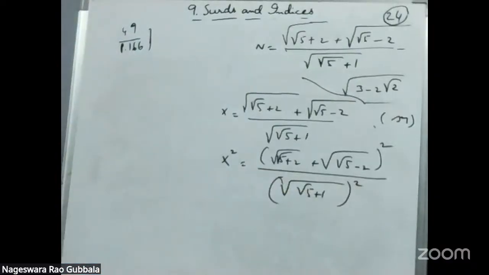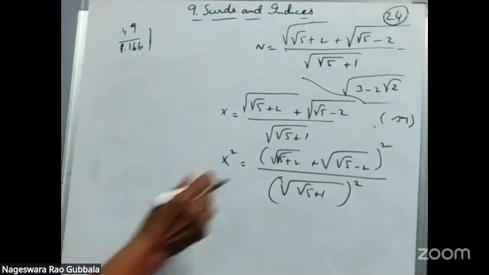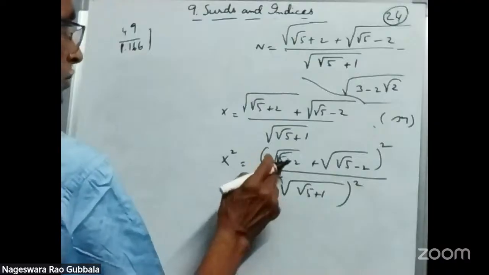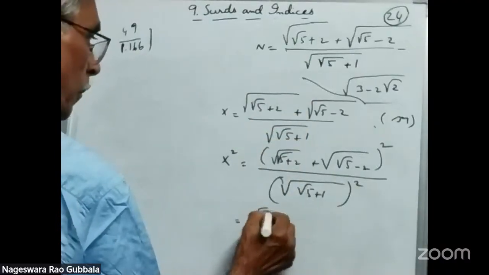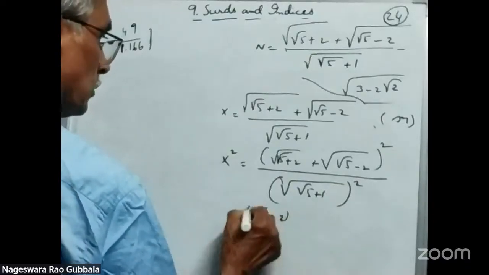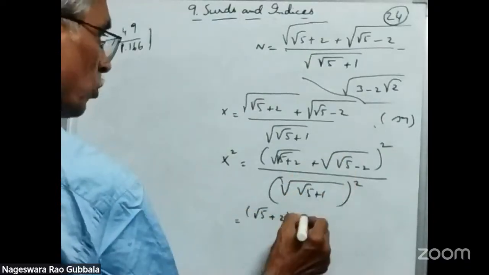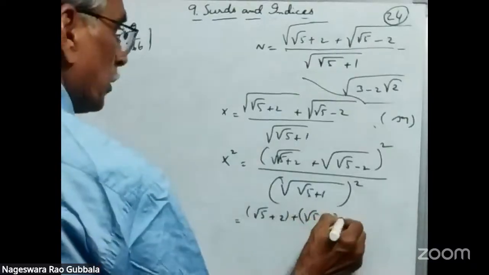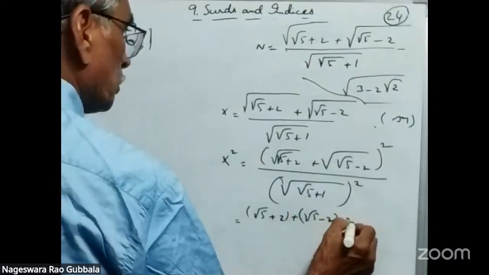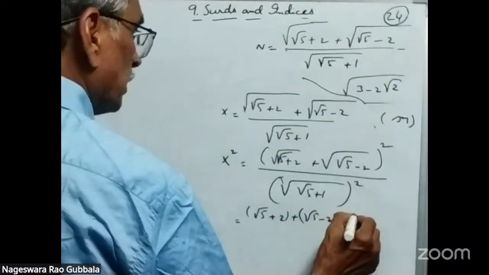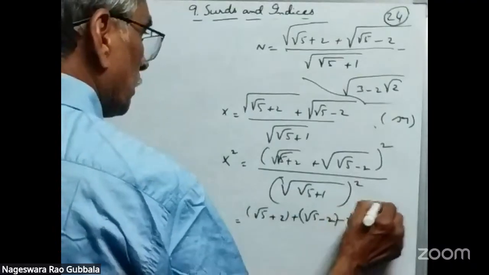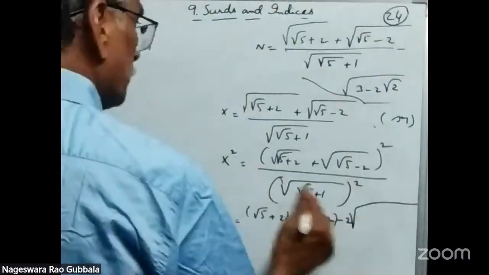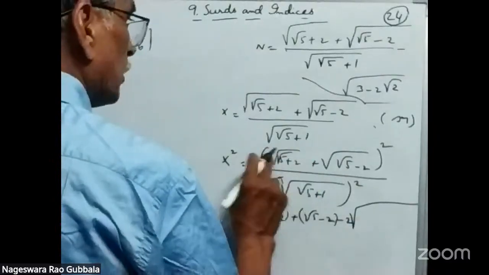That will be x square. So a plus b whole square formula: a square, square root and square goes, root 5 plus 2 remains. b square, again root 5 minus 2 remains. a square plus b square minus 2ab, minus 2 into a into b, square root is common.